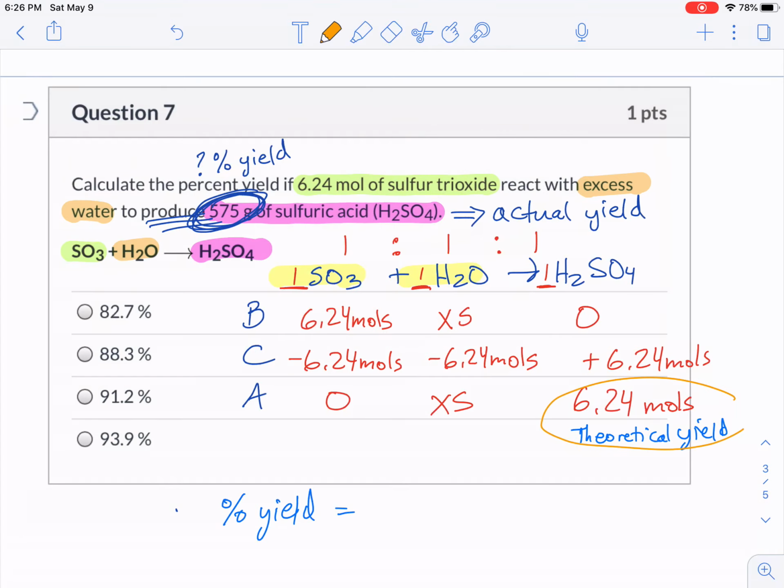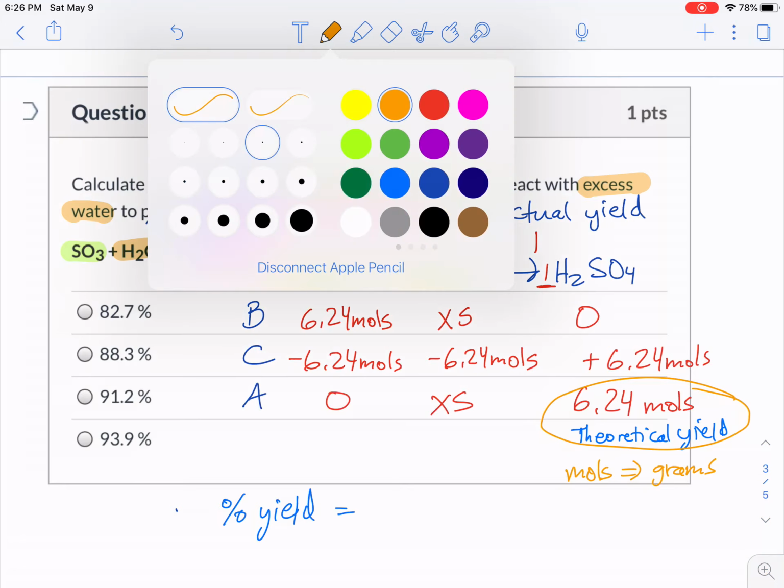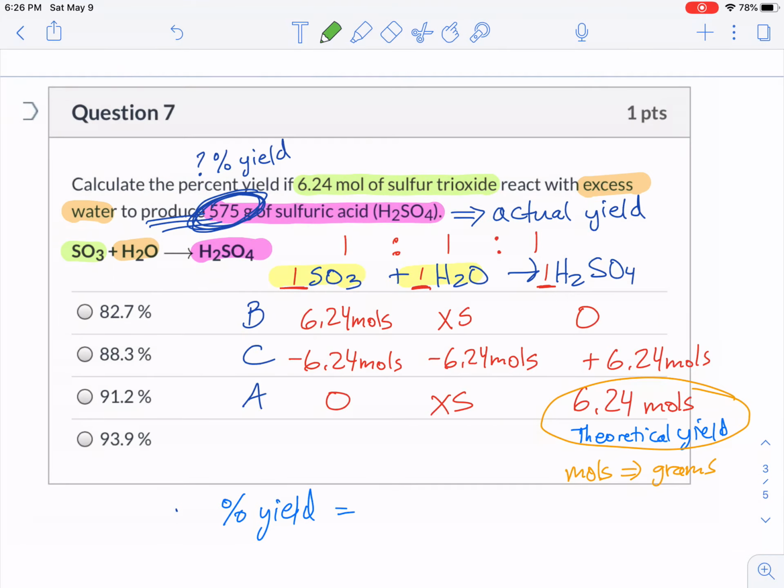Okay, here's my theoretical yield, but we need to convert our moles into grams. And this is where we need our periodic table to do that. With our periodic table, let's take a look at sulfuric acid. H2SO4: hydrogen, sulfur, and oxygen.